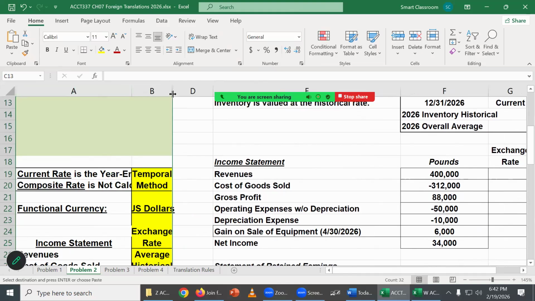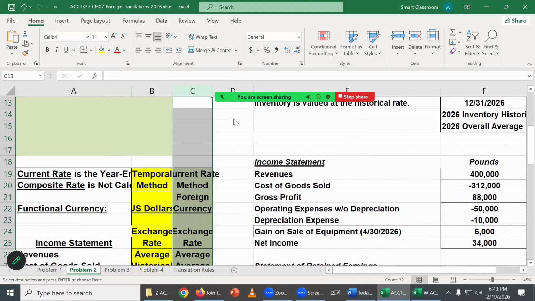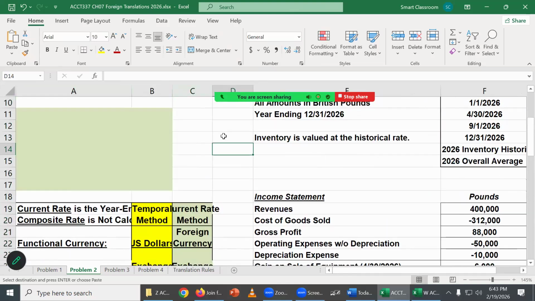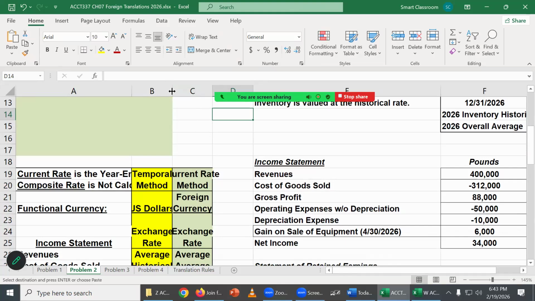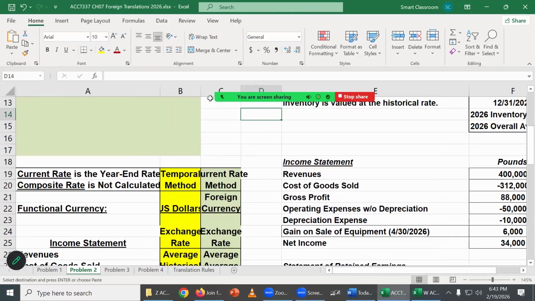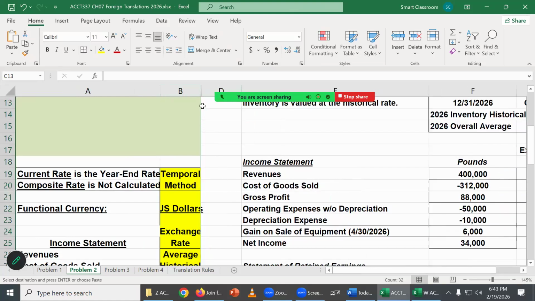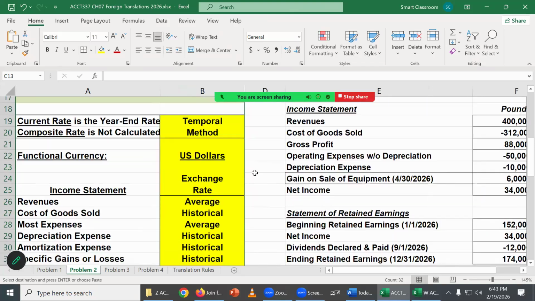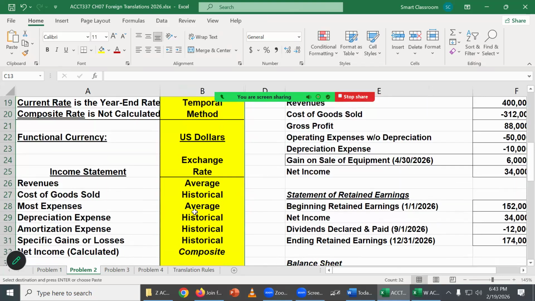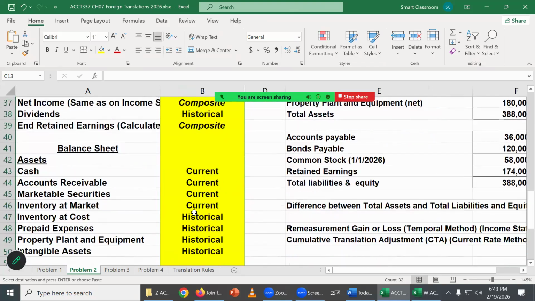And the temporal method is going to be a little bit more involved. They do a lot of stuff at historical cost.